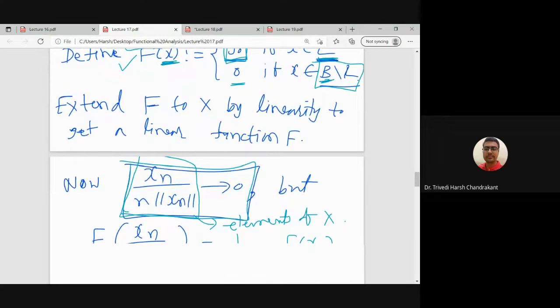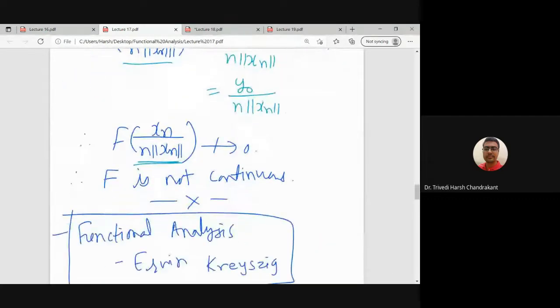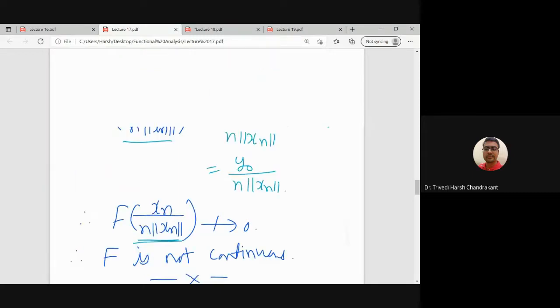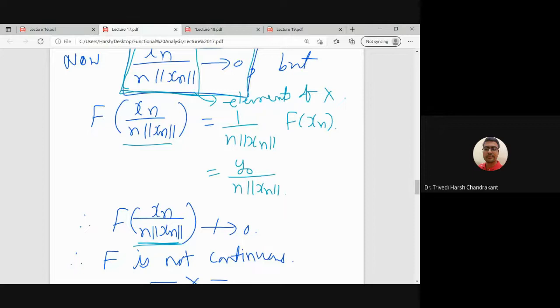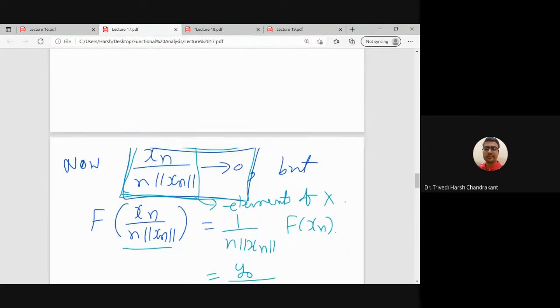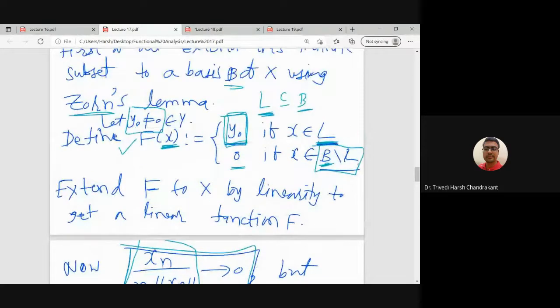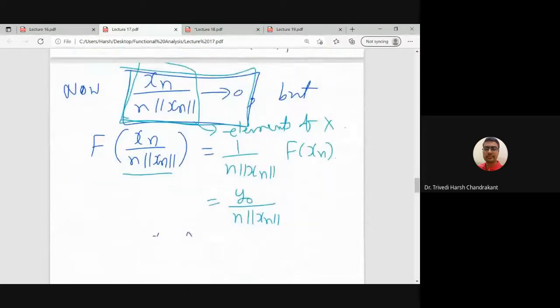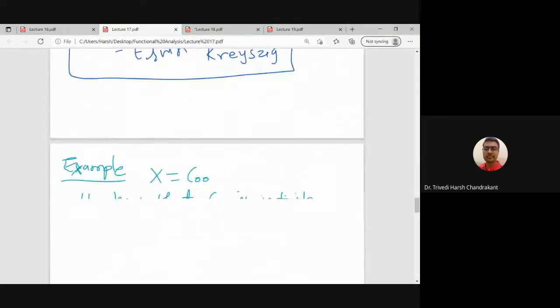Why not? And then when we apply the function, what we are getting is 1, which is non-zero. So the same argument works here.